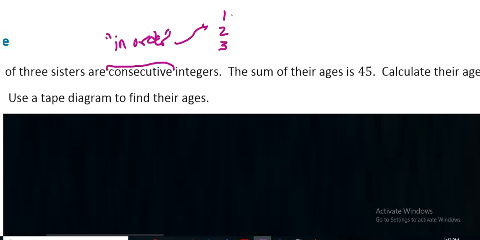And we could think of them like this: 1 equals, well, just 1. 2 equals 1 plus 1. 3 equals 1 plus 2. If I wanted to go on for another consecutive number, I would say 4. 4 equals 1 plus 3.